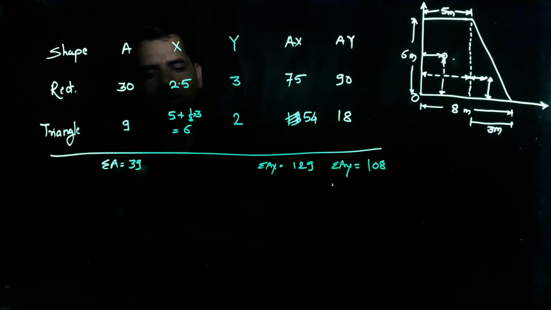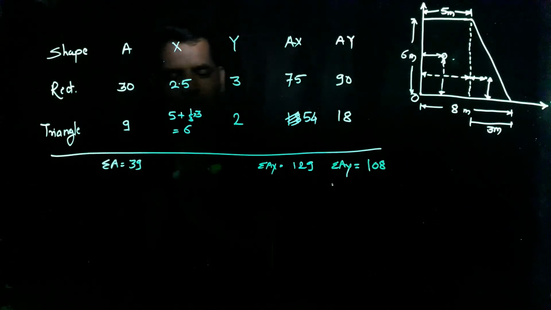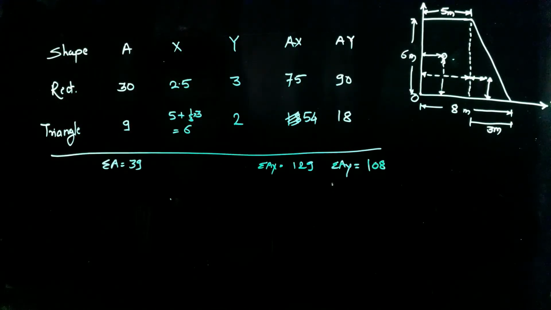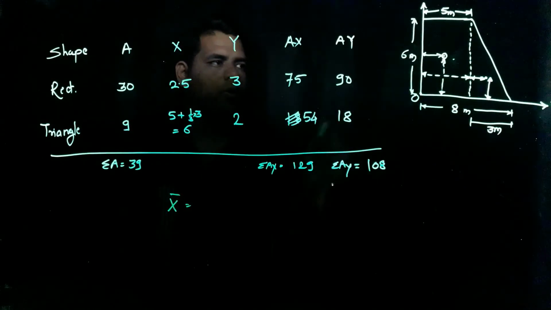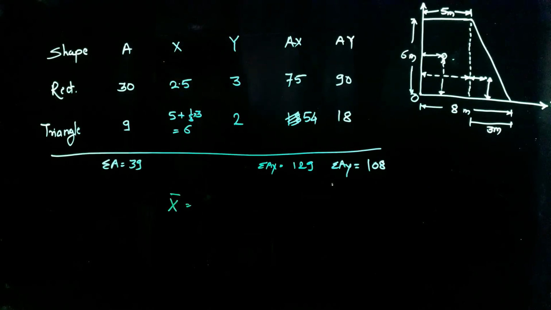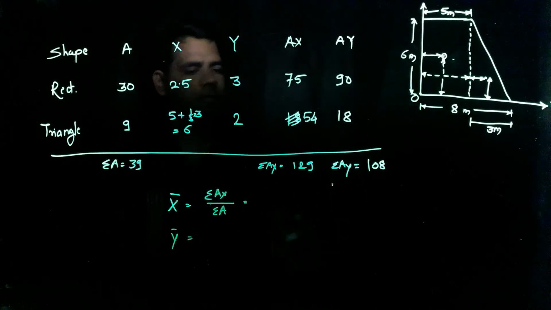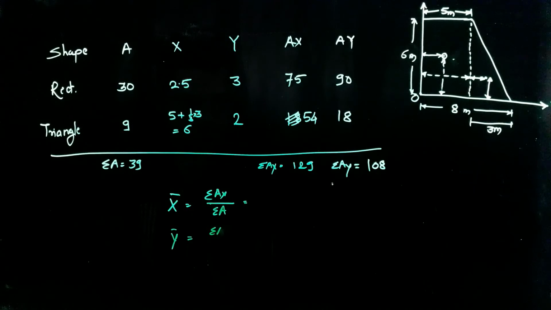Why do we have to find these summation A, summation Ax, summation Ay? Because the x coordinate of the whole lamina or whole shape is summation of Ax by summation of area. Similarly, the y coordinate of the lamina is summation of Ay by summation of area.